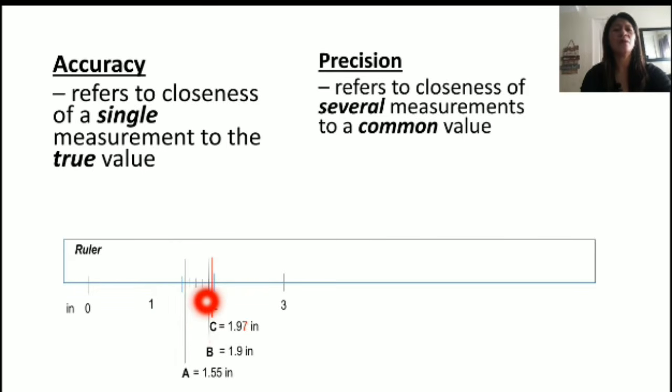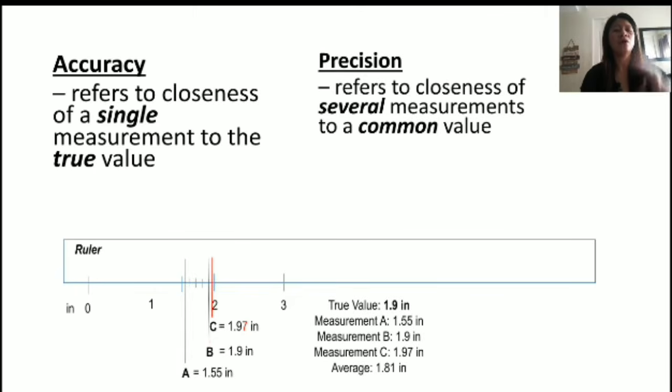So when do we say that the measurement is accurate? We have to compare the individual measurements with the true value. What is the true value? Let's say the true value is 1.9. Which among these 3 measurements is considered most accurate? We have here A, 1.55.